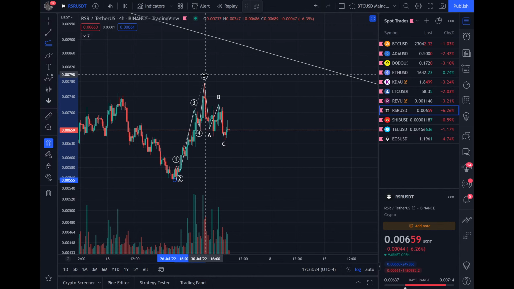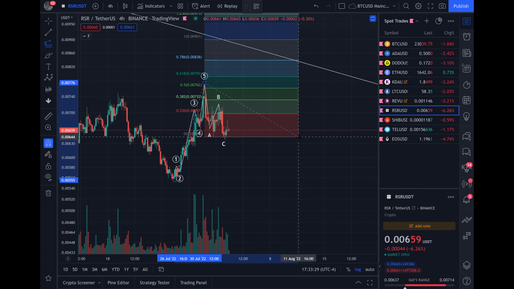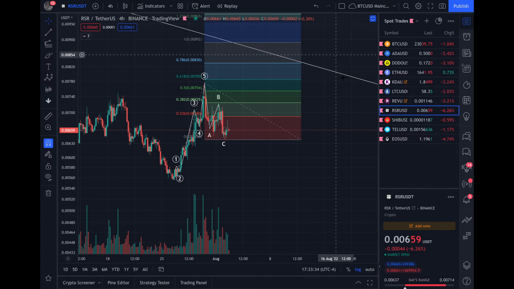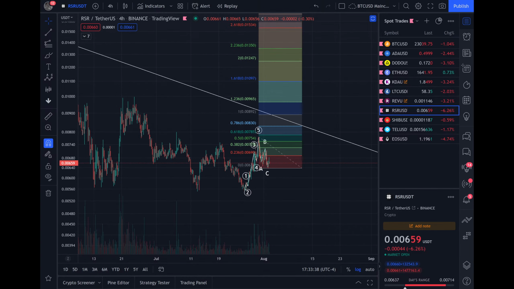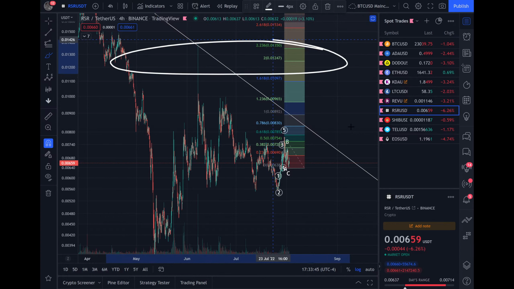So if you take the bottom of wave 1, top of wave 1, retracement of wave 2, you should anticipate wave 3 to hit between the 1618 and the 2 Fibonacci extensions. Okay? And that would take you in this region right here, which is very, very expected, right?